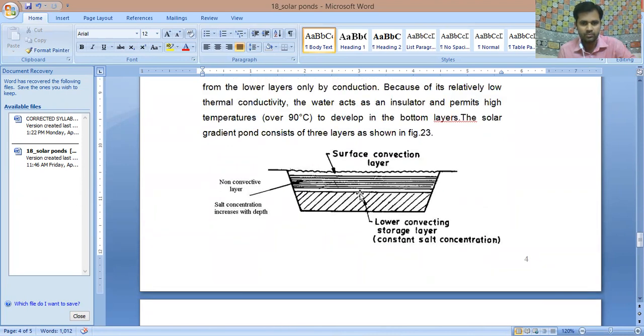Here are the surface convection layer, the lower convective storage layer with constant salt concentration, and this is the non-convective layer, where salt concentration increases with depth. So the salt concentration here is greater, and in the upper part the salt concentration is lesser.